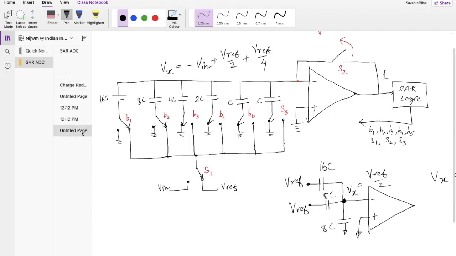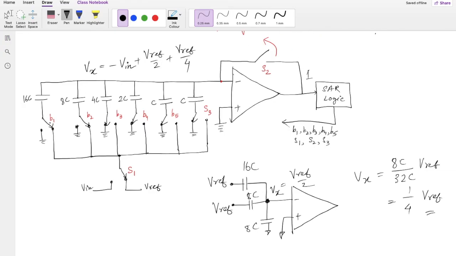So in this case, if my first bit B1 is 0, then I am going to come back here, and the next comparison that I'll do is only with this going off, because as soon as I connect this to the ground, this will go off.